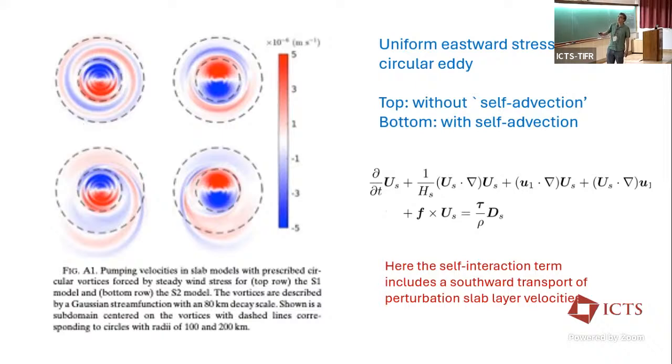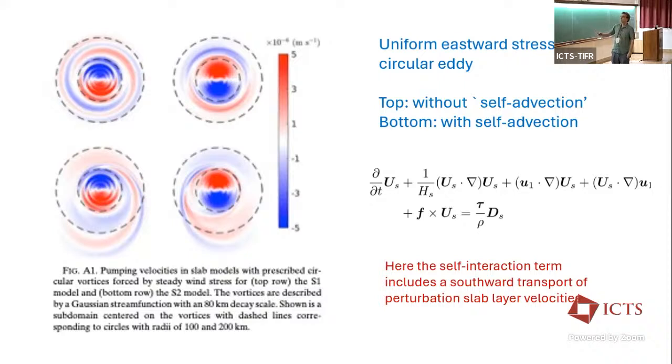And so I have just a uniform eastward stress blowing over the eddy. So the stress is just to the east, and that's it. There's no ocean velocity dependence or anything. And this is the Ekman pumping that I'm getting out of that. And in this case, the uniform stress also includes just a southward transport.